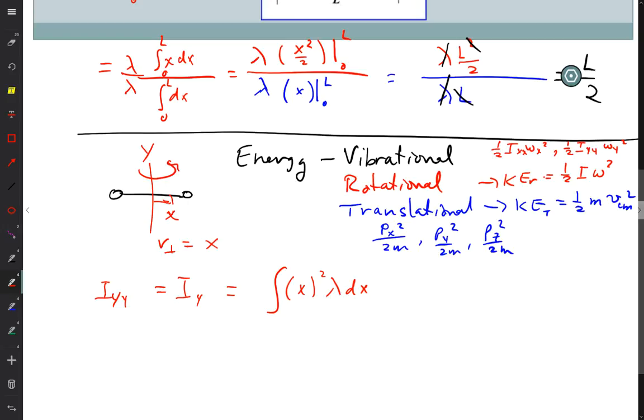And I do my calculation. Integral of, oh, what are my limits? Got to do that first. If x is measured from the center, I'm going from minus L over 2 to plus L over 2.